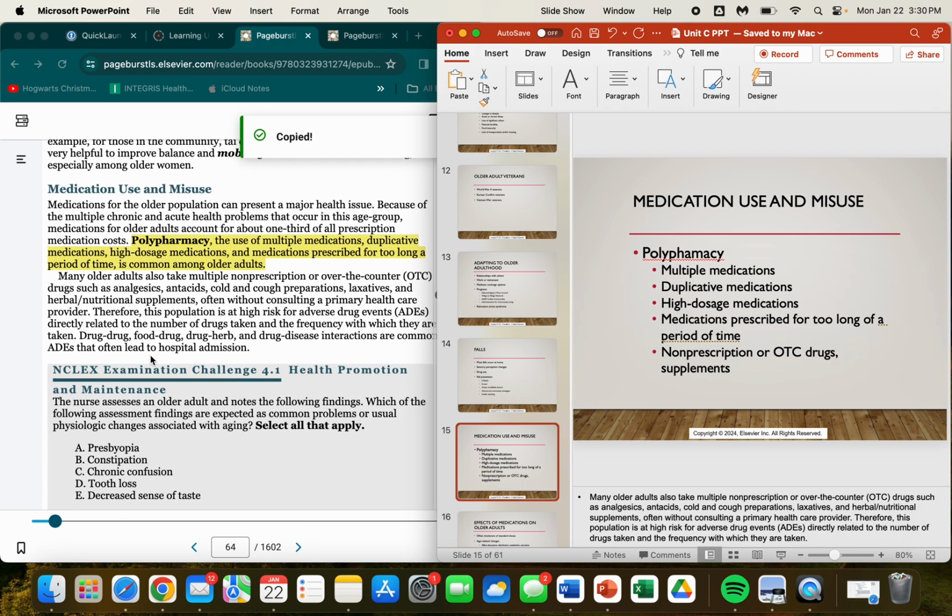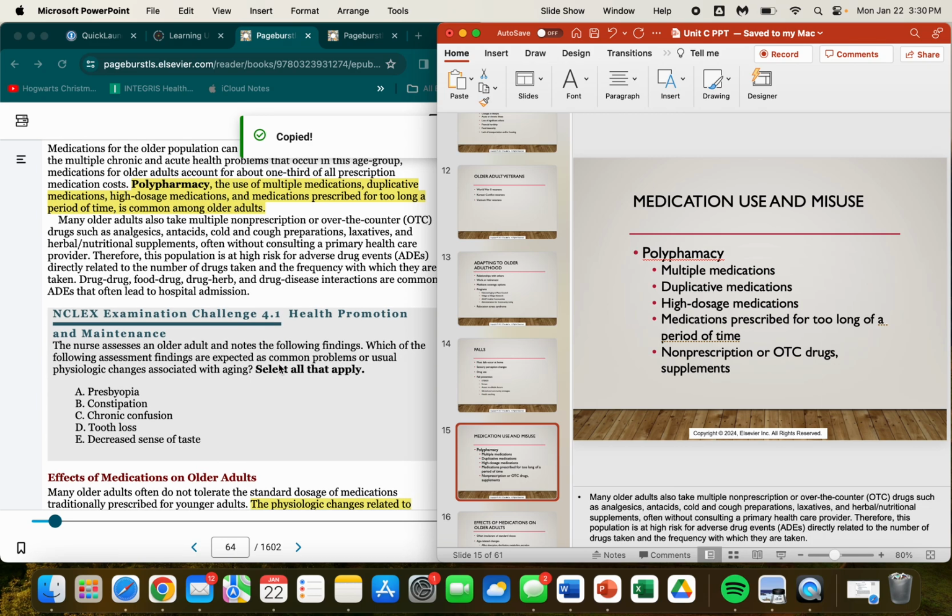And then to compound that problem, a lot of older adults take non-prescription or over-the-counter drugs like analgesics, antacids, Maalox, herbal supplements, laxatives, all of these things that could potentially compound into the prescription drugs they take and cause what we call an adverse drug event.